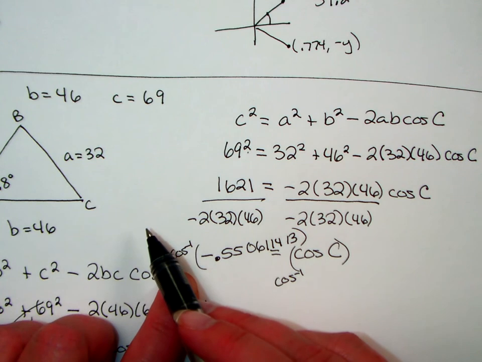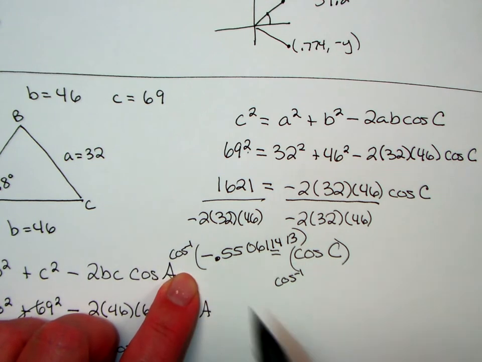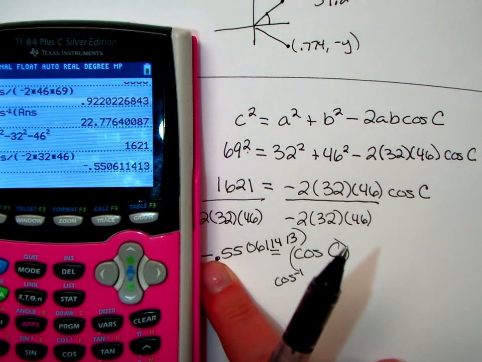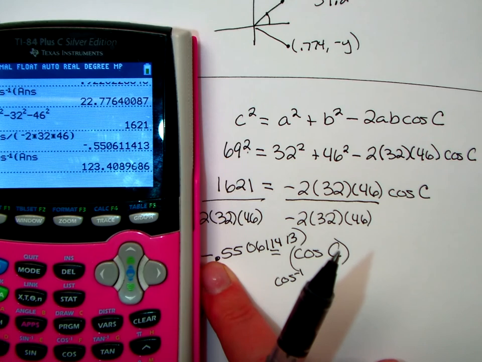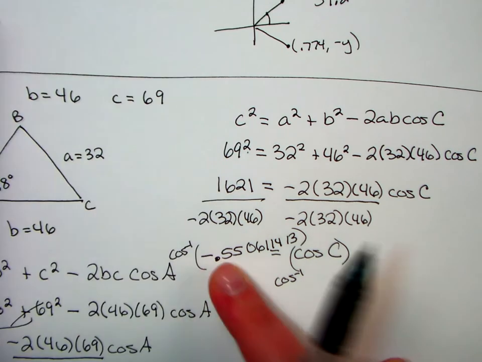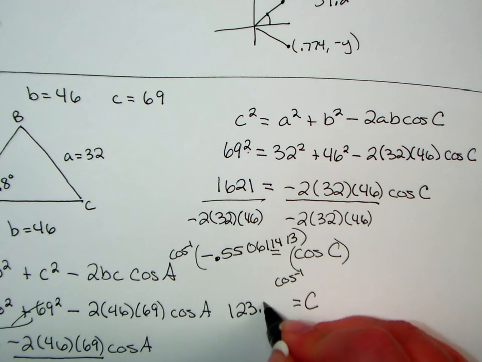And that angle in quadrant 2 should be our biggest angle, right? So more than 90 degrees. This is okay here, all right? So let's go ahead and cosine inverse this result, and we're going to get 123.4. Okay, so angle C, 123.4.